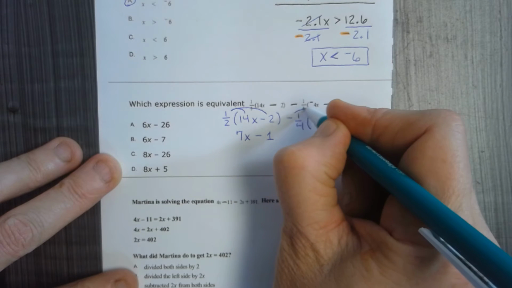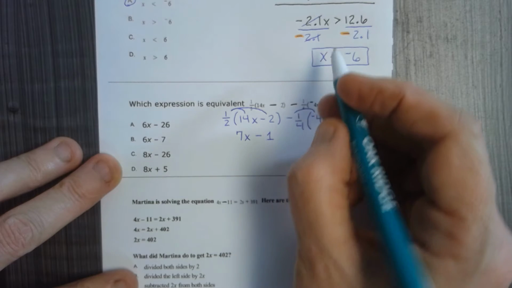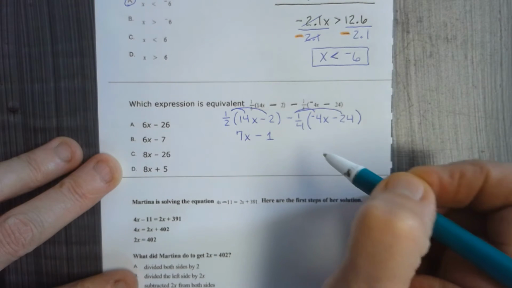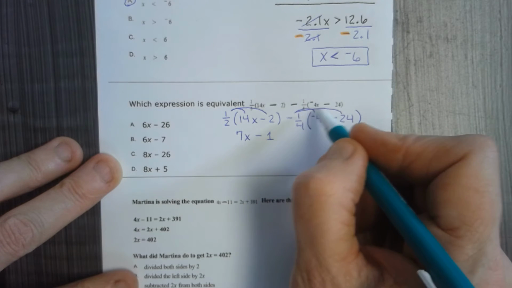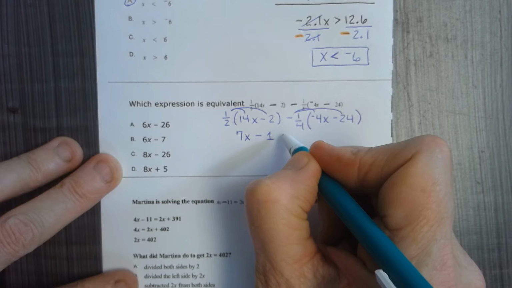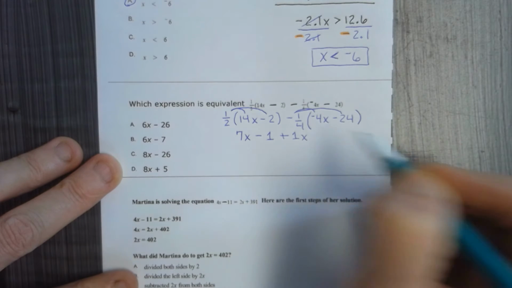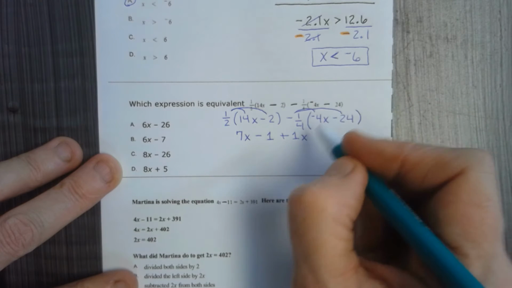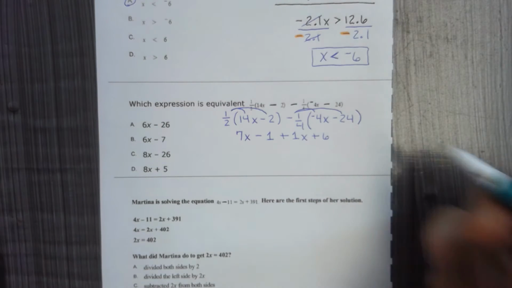Here is where a mistake could have been made because we are actually distributing a negative 1/4. So a negative 1/4 times a negative 4x is a positive 1x. A negative 1/4 times a negative 24 is a positive 6.